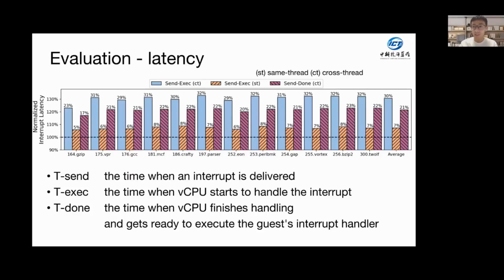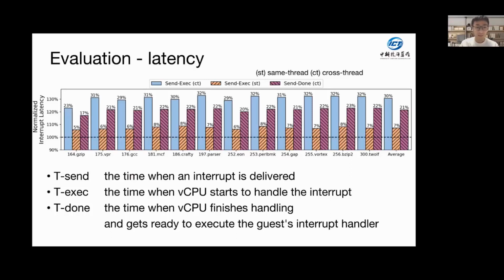This could be a complex work. For example, when the guest is x86, it needs to look up the IDT tables to find the entry of the interrupt handler. It needs to do some context-related work. And T-done is the time when the vCPU thread finishes handling and gets ready to execute the guest's interrupt handler.